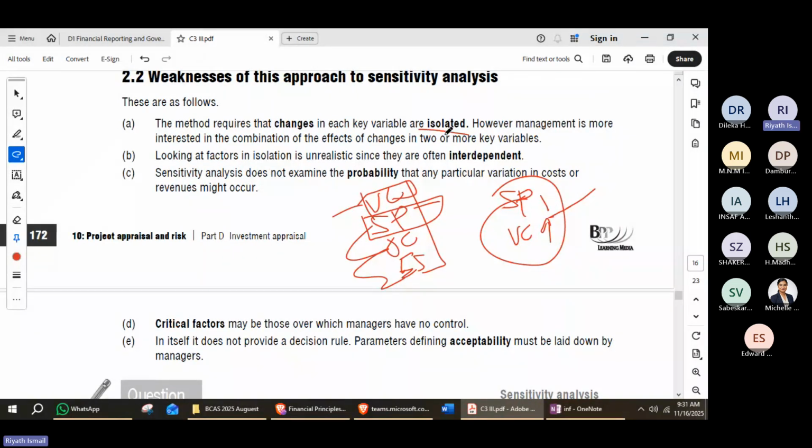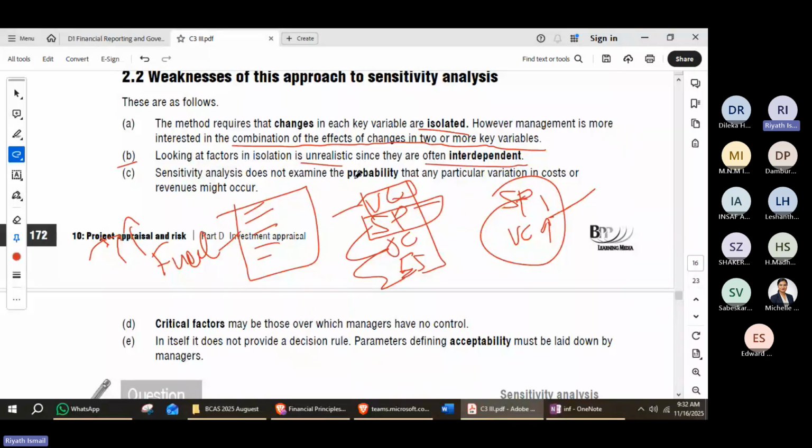However, management is more interested in the combination of the effect of changes in two or more key variables. Number two, looking at the factors in isolation is unrealistic since they are often interdependent. For example, if employees need more salary, operational cost may increase, due to that selling price also goes up, and fuel crisis. Many variables change at a time.